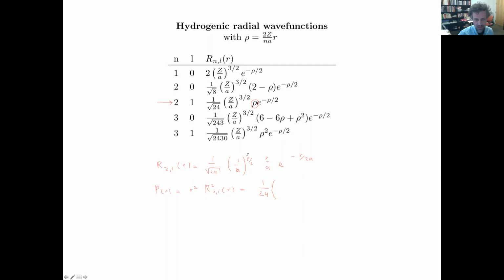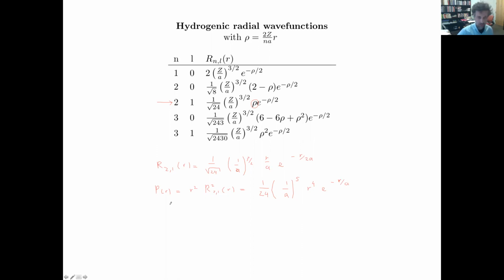So if I combine this, it's going to be root 5 over 2. Square that, that means I get the following. So the square of that expression would be 1 over a to the 5th. Then r squared times r squared is going to be r to the 4th. And then the exponential term, square this guy, that means the factor 2 is going to disappear. And this is what I'm getting after determining the radial distribution function.